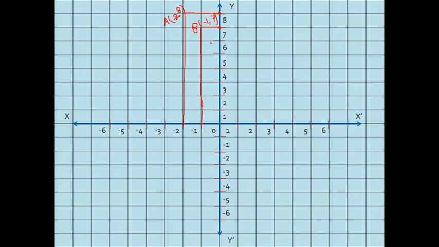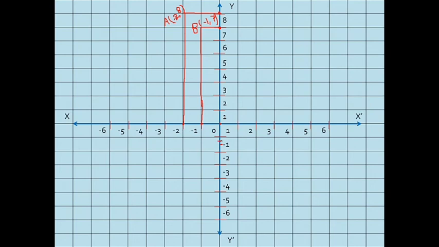Then next it is given x as 0, and 0 is the origin on the x-axis. Here it is 0, and y is given as -1.25. So here it is -1, and 0.25 more, so -1.25 will come here.